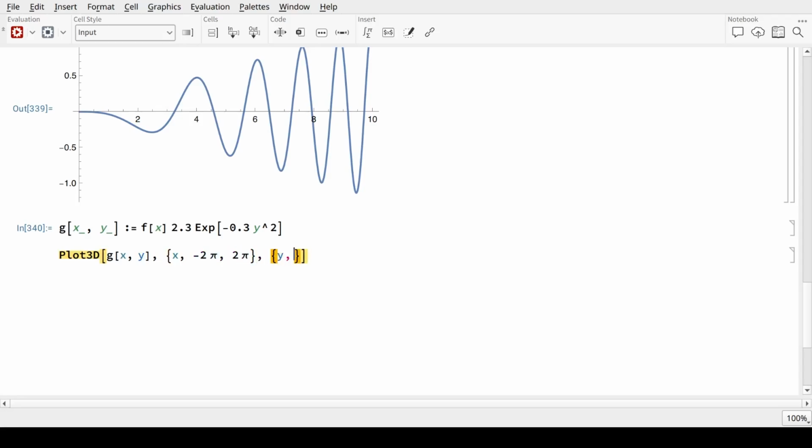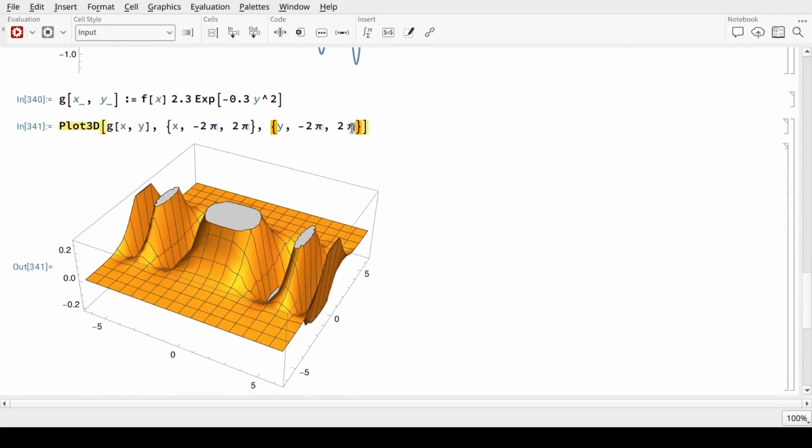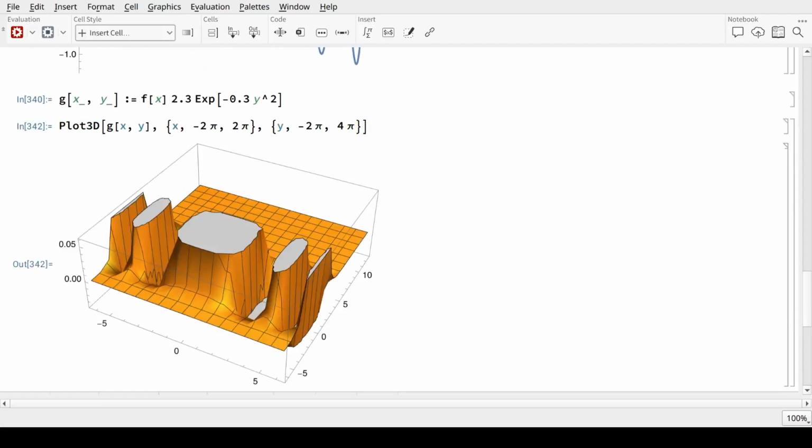Y will be from -2 pi to 2 pi as well. Now we plot it and we get this.